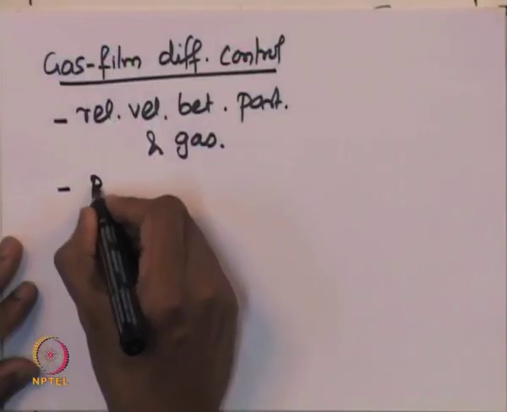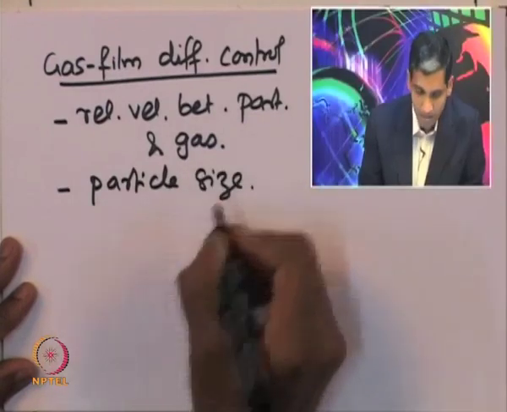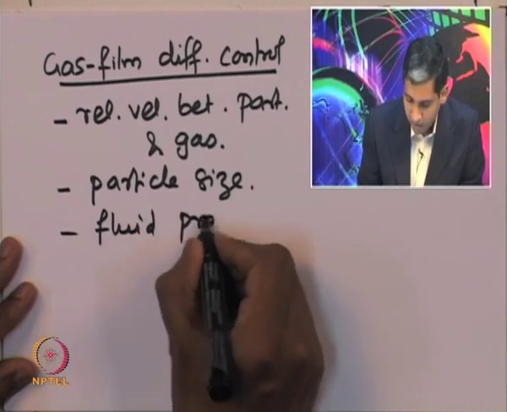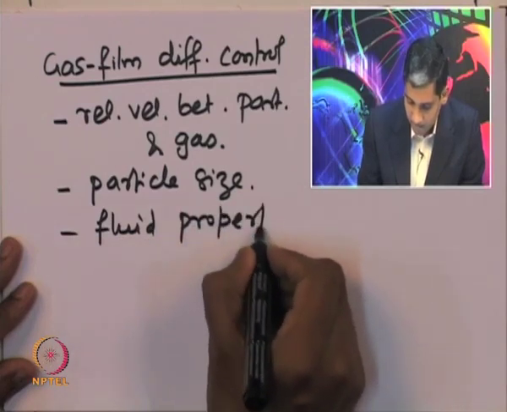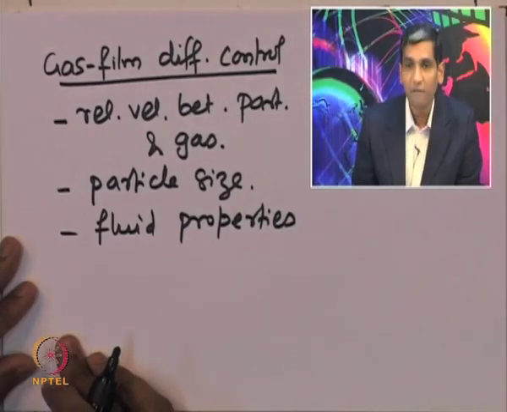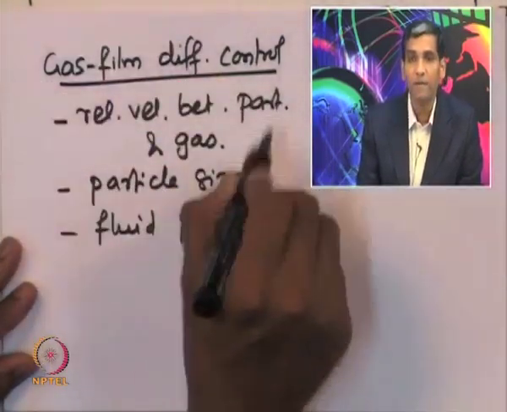Another major factor is the size of the particle itself. Another factor is all other fluid properties, which may also affect the resistance offered by the gas film. There are several correlations available for estimating the mass transport coefficient under gas film diffusion control.